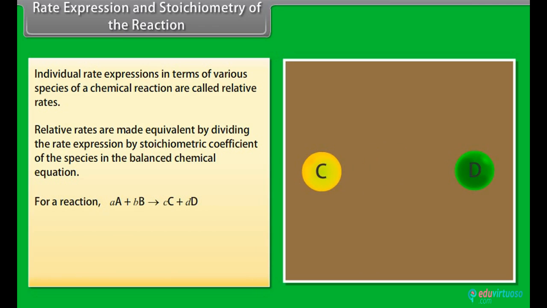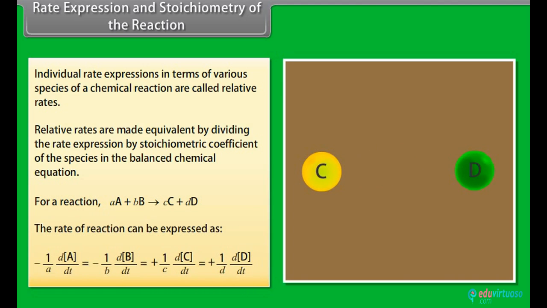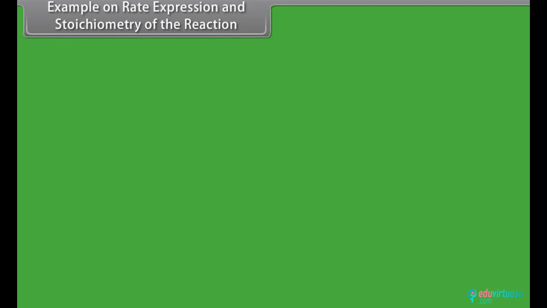For a reaction, small a, capital A, plus small b, capital B, makes small c, capital C, plus small d, capital D, the rate of a reaction can be expressed as follows.